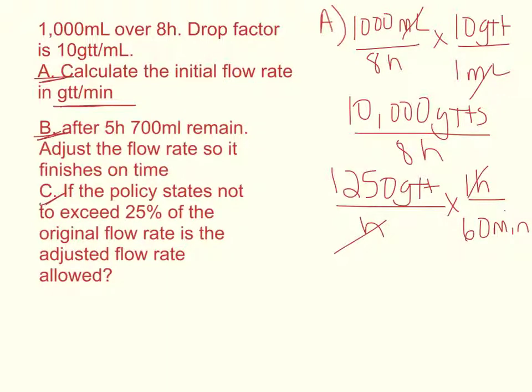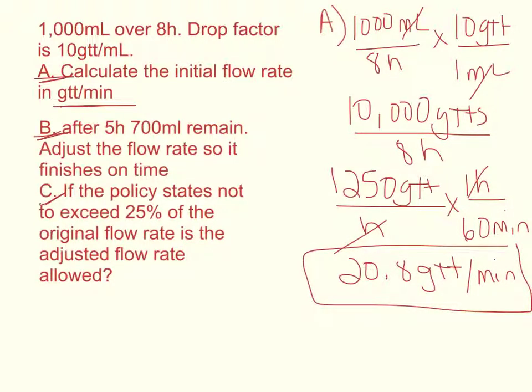So 1,250 drops divided by 60 gives you 20.8 drops a minute. So that's answer A, that they did want it in drops per minute, and that's what we've given them. So about 20.8 drops per minute, given the drop factor of 10 drops per milliliter, is what your initial flow rate is.